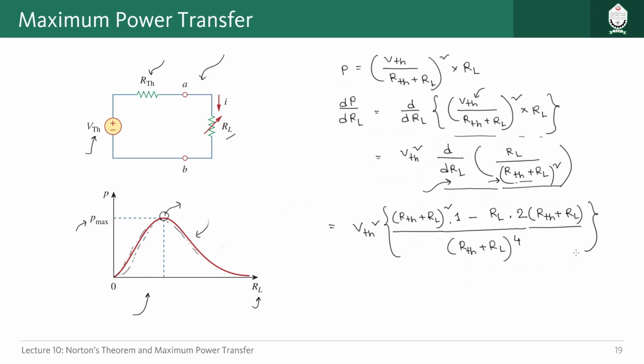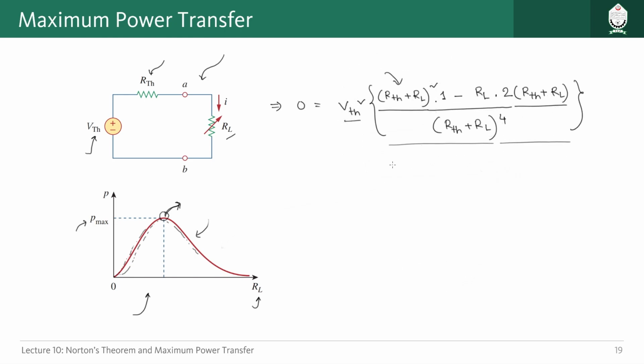Now we have to equate the whole thing to 0 so that we can get the peak here, because at the peak the slope is 0. So if we do that, you will see that we can just say that VTH square is equal to 0, or this whole portion is equal to 0. So we will take this portion equal to 0.